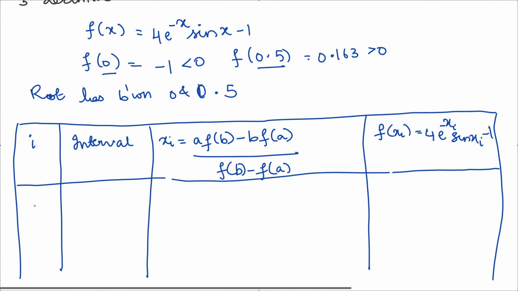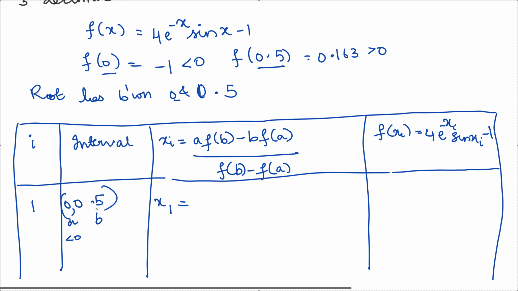So let's start the first iteration. We know that the interval is 0 and 0.5. Okay, 0 comma 0.5 is our first interval. Let's find out x1. So this is A, this is B. So A is giving us less than 0, right? f of 0 is less than 0. B is greater than 0.